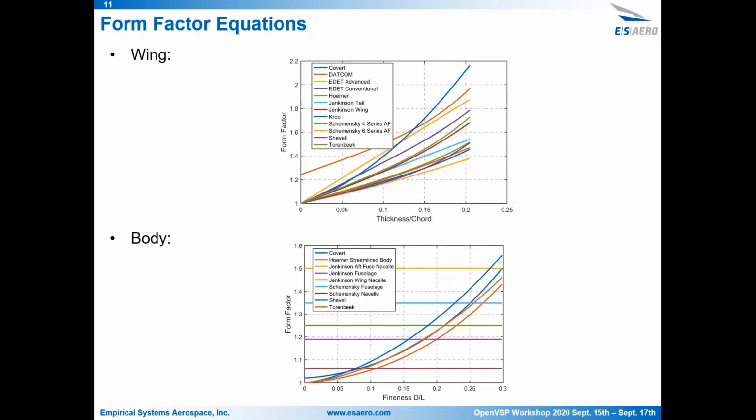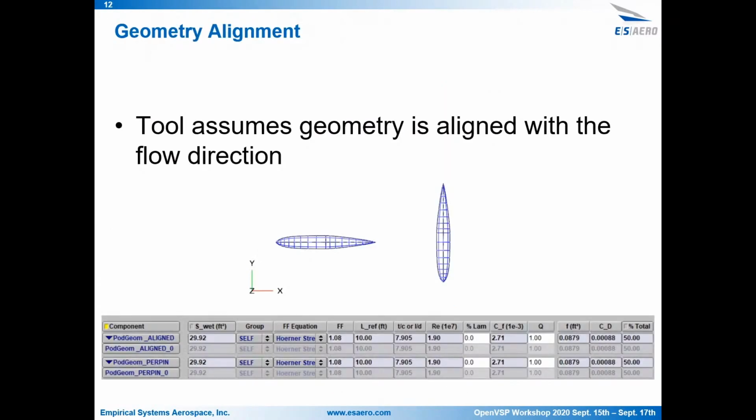And then one other common item that I did want to point out here is the geometry alignment. The tool assumes that pods and wings are aligned with the flow direction.